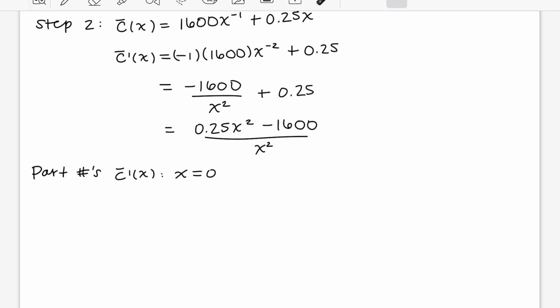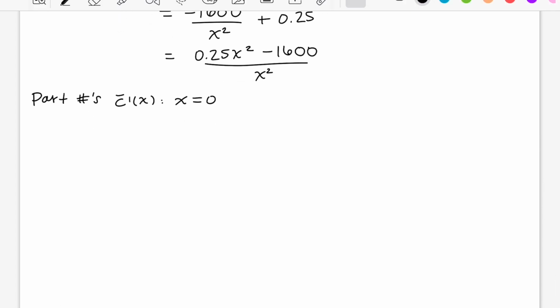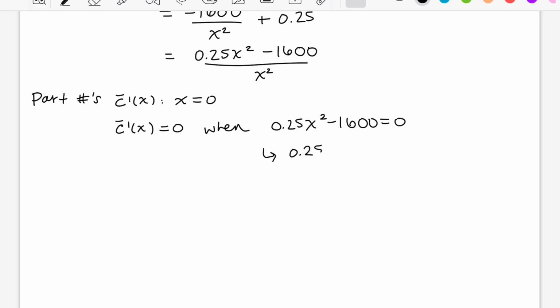But we also want to see when our derivative will be equal to 0. And so we know this is going to equal 0 when our numerator is equal to 0. So solving for x here, we're going to add 1600 to both sides, and then we'll divide by 0.25.